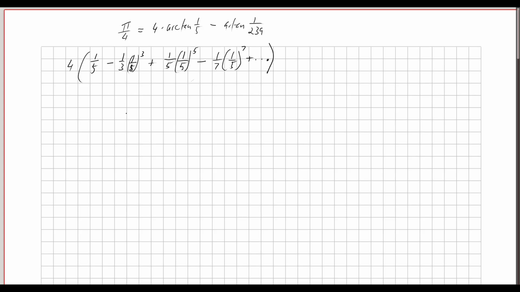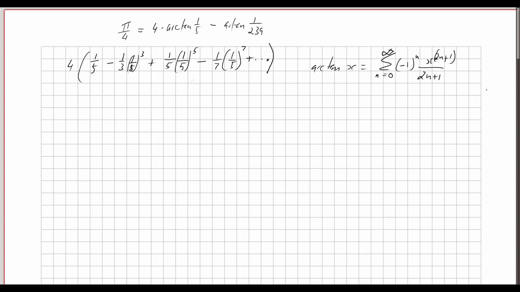Normally, arctan of x is equal to the summation from n equals 0 to infinity of negative 1 to the power of n, over 2n plus 1, times x to the power of 2n plus 1.